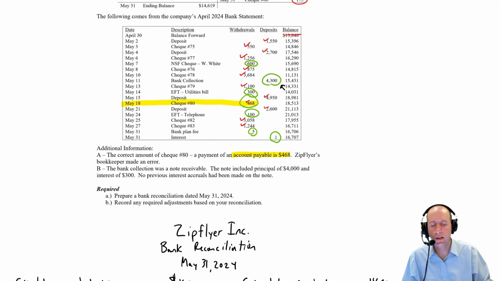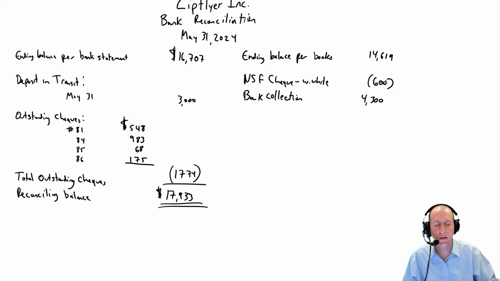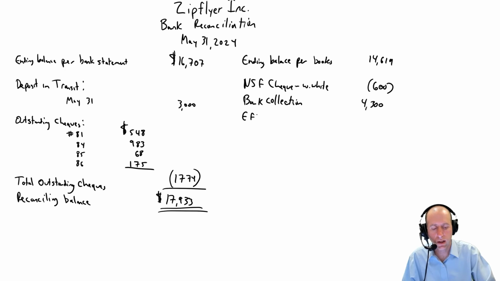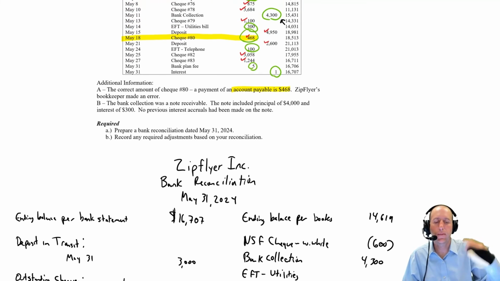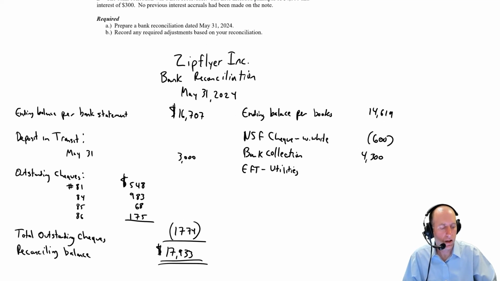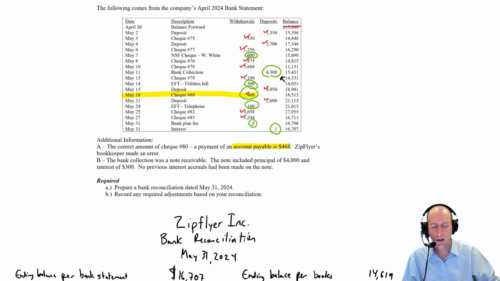Continuing down the line, the next one is an EFT utilities bill. EFT stands for electronic funds transfer, and all it means is we paid our utilities bill with online banking or some automated payment, and it just automatically came out of the account. $300. The check, $468.46. I'm going to save that till the very end.